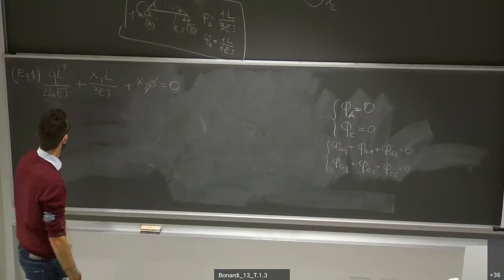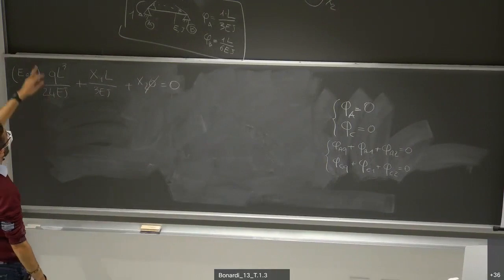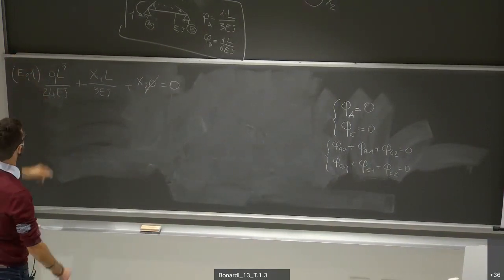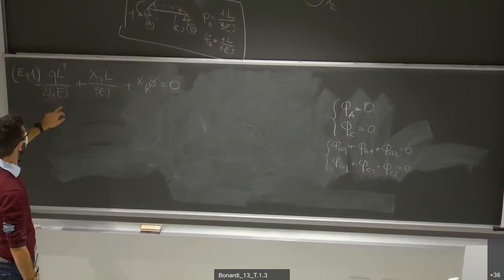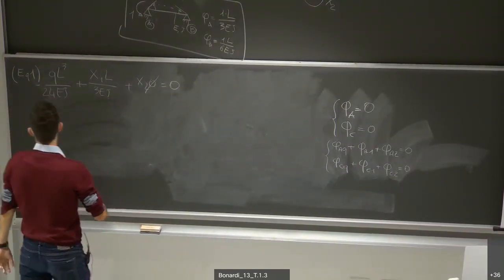The 0 plus, okay. The other one is clockwise, so it is minus q to the power of 3, equal to 0.